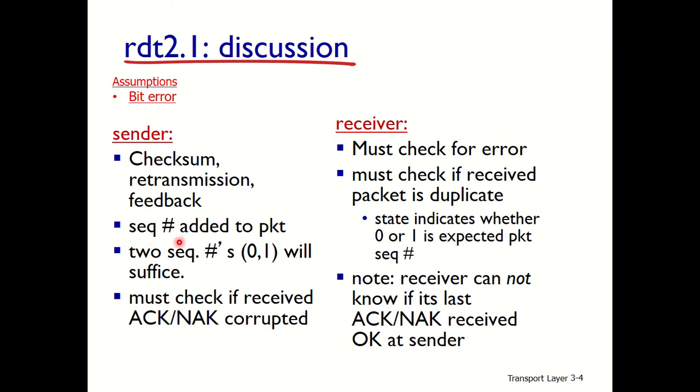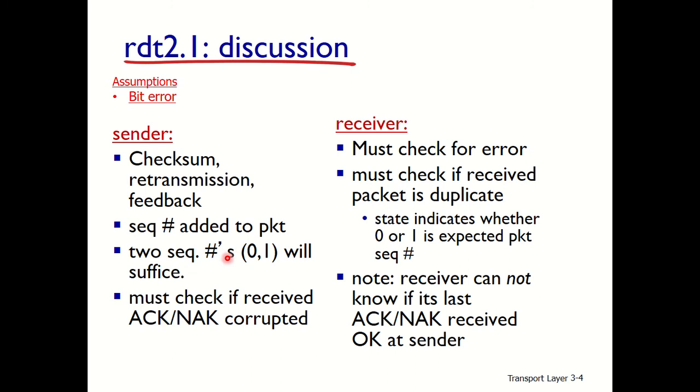With each data packet we send, we attach the sequence number. Since we are using stop and wait, when one packet is transmitted, the next packet will not be transmitted until the first packet is received at the receiver. Therefore we use only the sequence numbers 0 and 1.